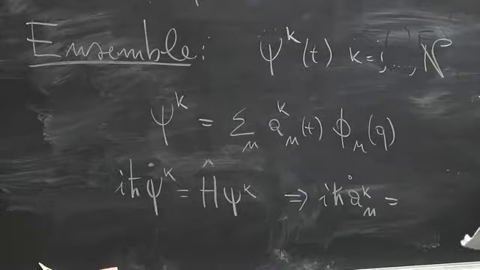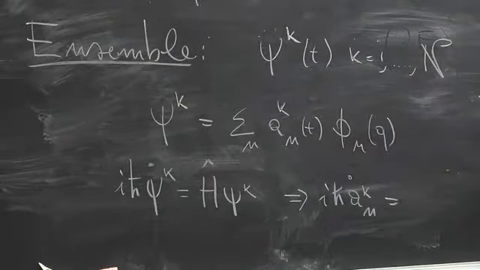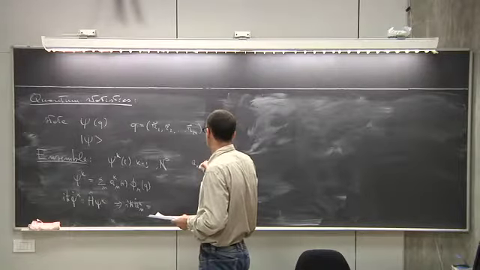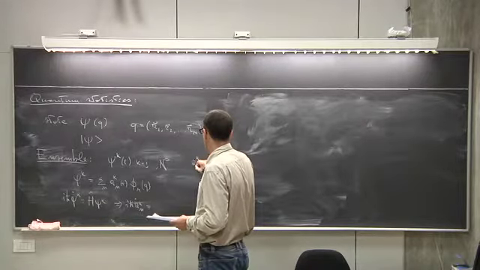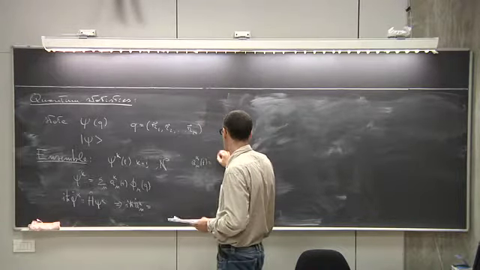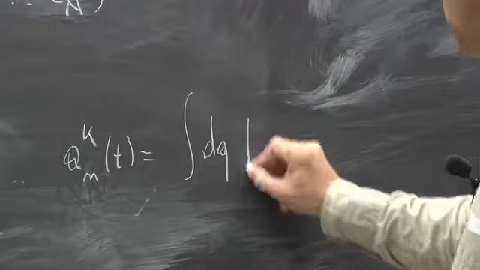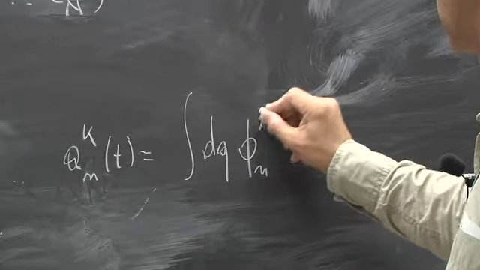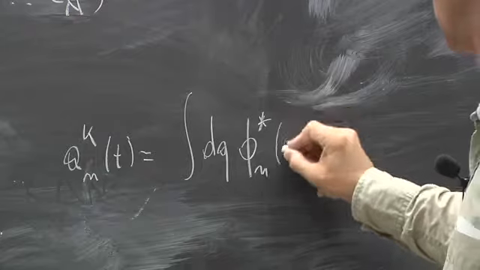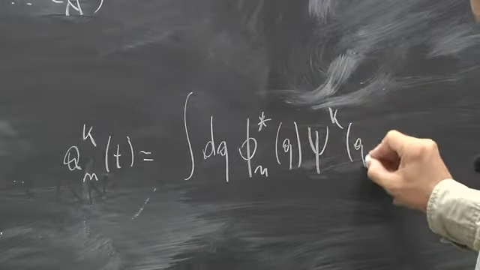This will be equal to, since this a_kn of t, I can write it as the integral dq of phi_n star of q times psi_k of q and t.